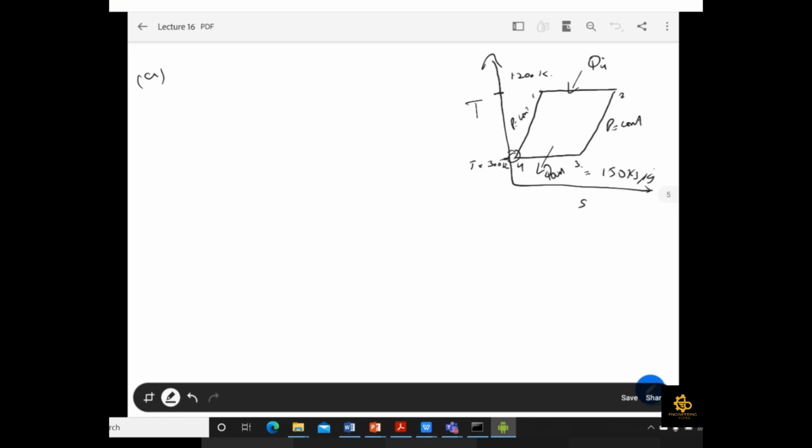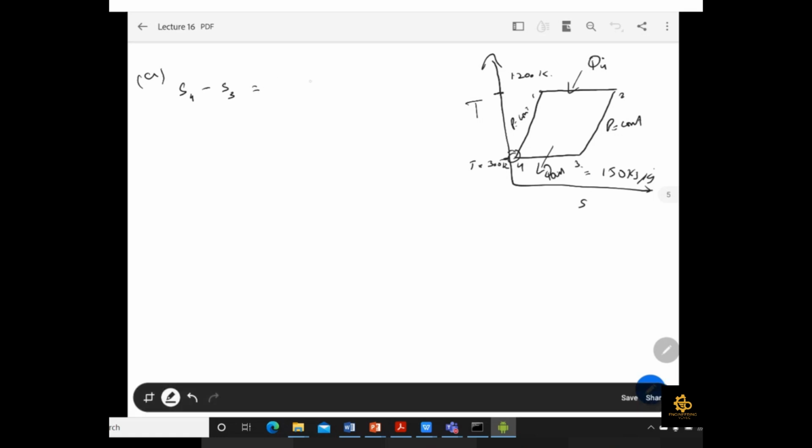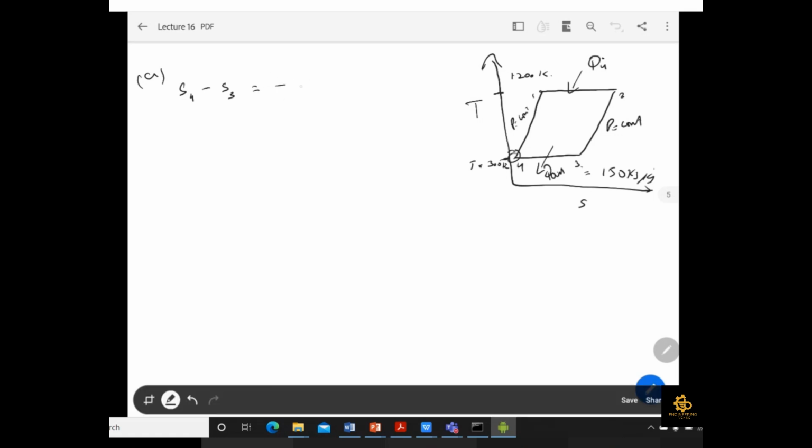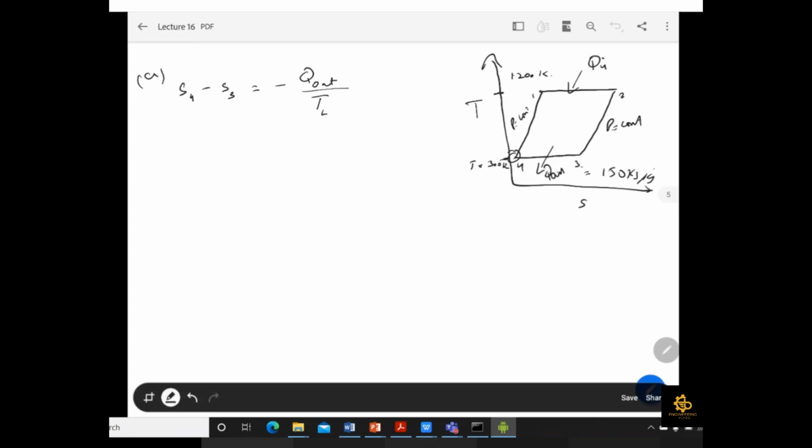In part A, we can start with the change in entropy equation, which we already saw in chapter number 7. S4 minus S3 is equal to minus Q out over TL, which is the lowest temperature.